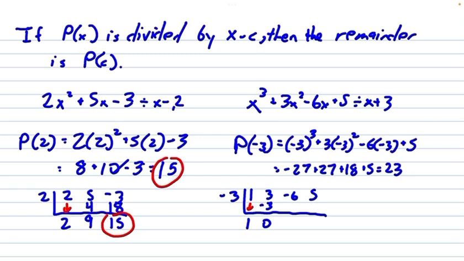Negative 3 times 0 is 0. Negative 6 plus 0 is negative 6. Negative 3 times negative 6 is 18. And 5 plus 18 gives us 23. So we've already shown that this was the remainder that we had already found.